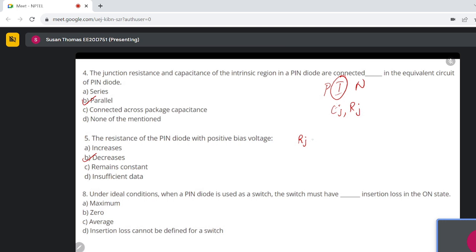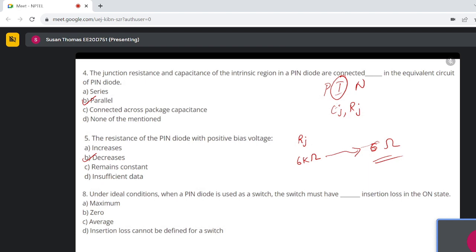Initially, Rj is of the order of kilo ohms, say around 6 kilo ohm or so, which will reduce to something around 5 to 6 ohms. So the resistance of the pin diode, which is the junction resistance, will reduce with the positive bias voltage.